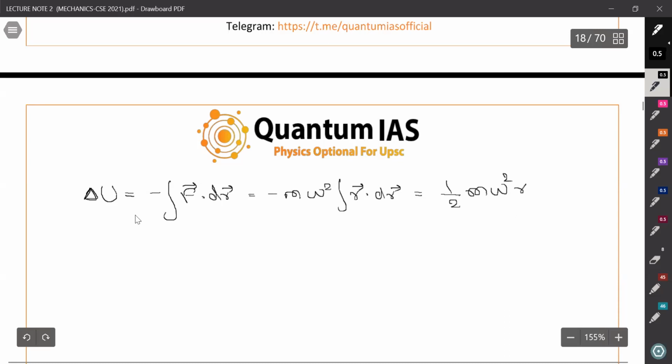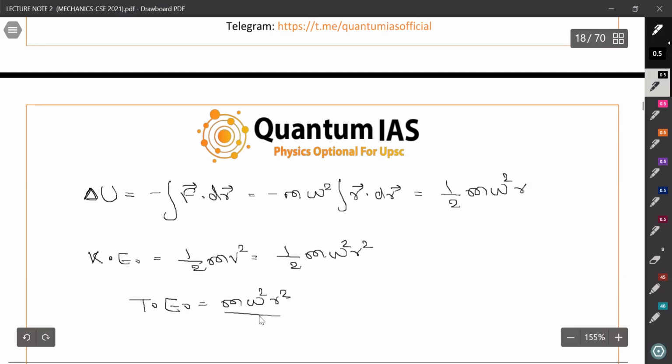Also, what will be the kinetic energy? Kinetic energy will be equal to half m v square, and you know the v, that is omega r, so half m omega square r square. So total energy is m omega square r square. You can put the value of r and you can get the total energy of the system.